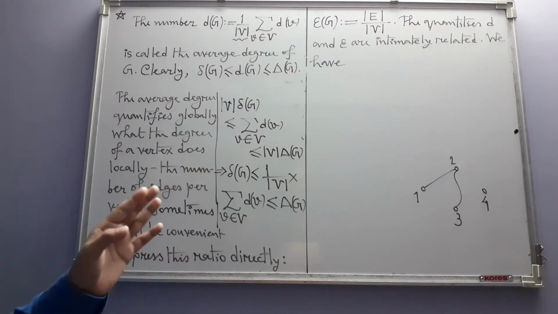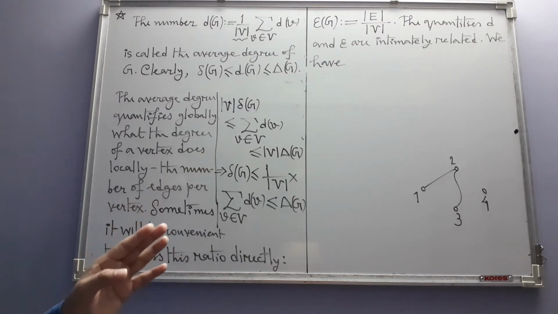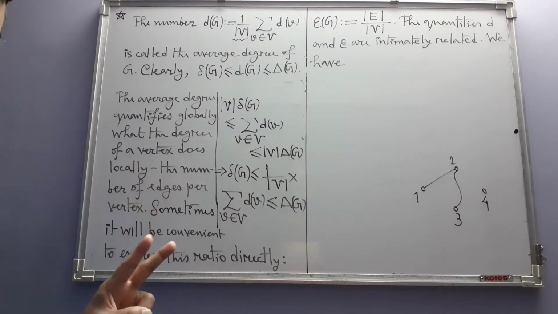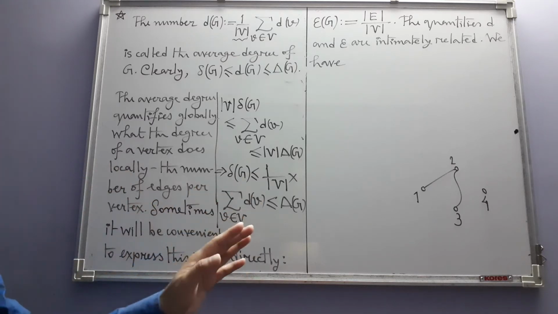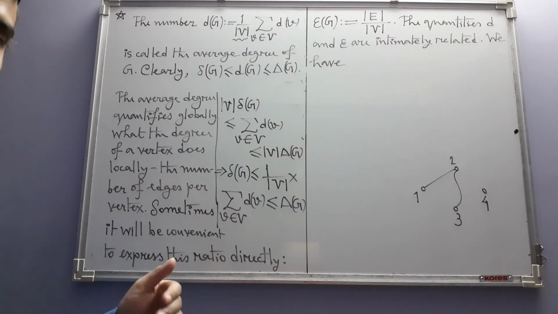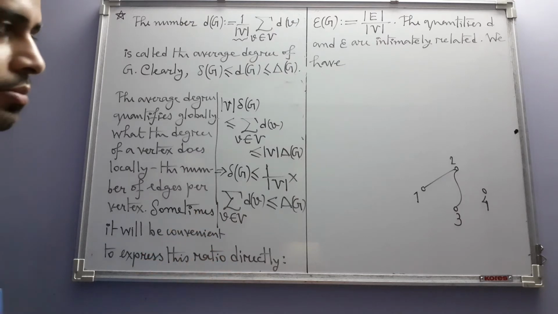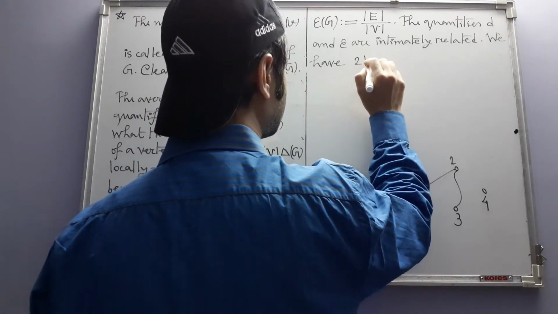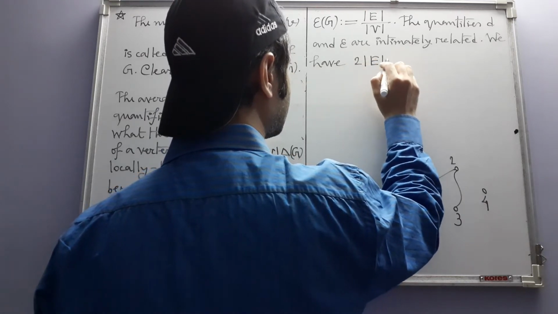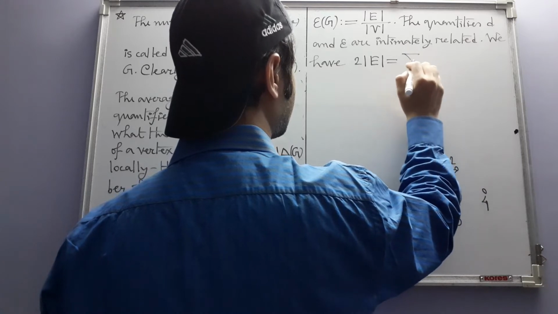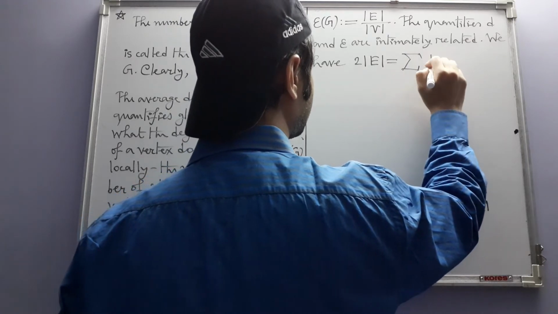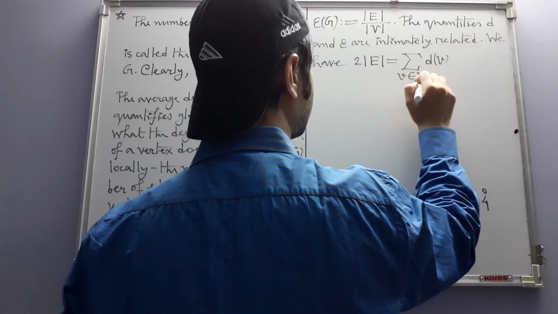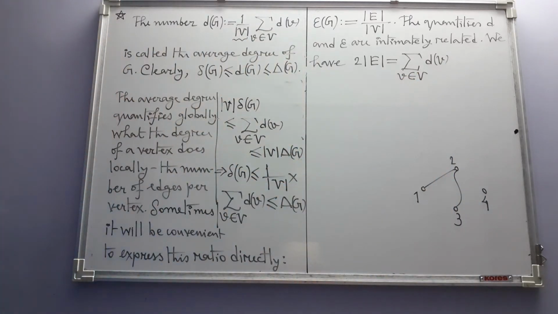Now the point we want to make here is that the sum of the degrees of the vertices in a graph is 2 times the number of edges. We are making a statement like this.